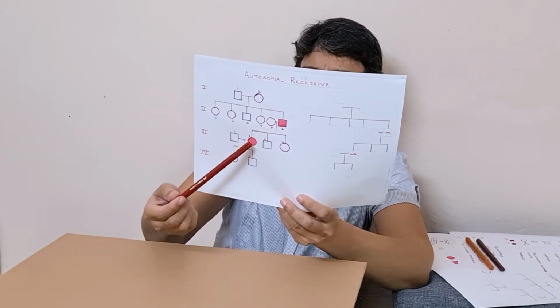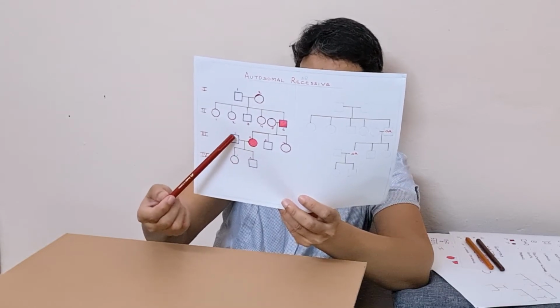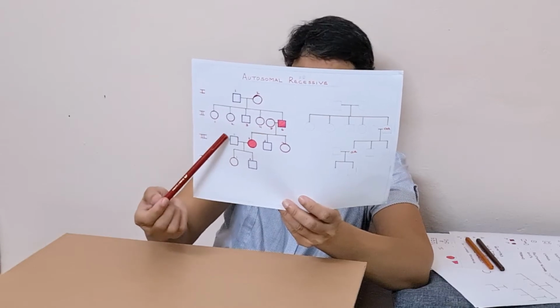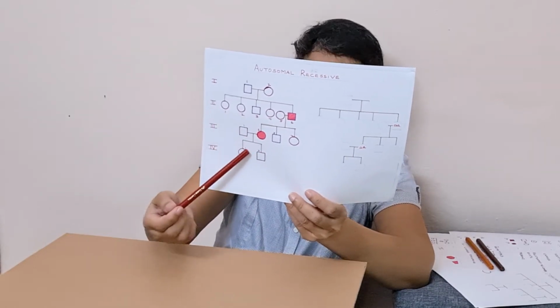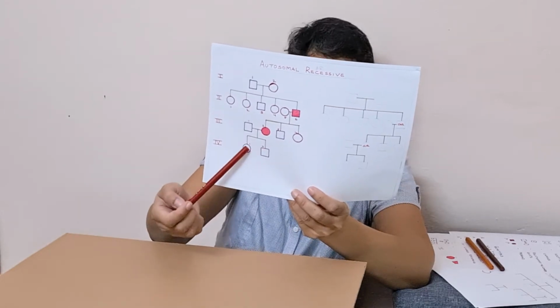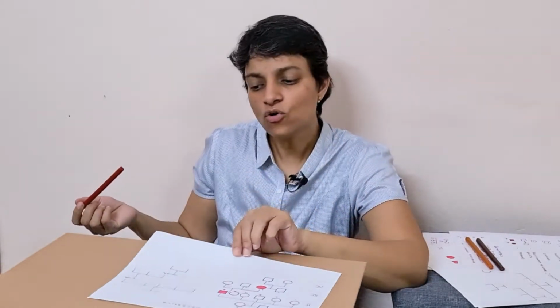Now, this girl has married a man from an unrelated family, and they have two normal children. For them to have two normal children, the genotype of the father must be having a dominant gene.